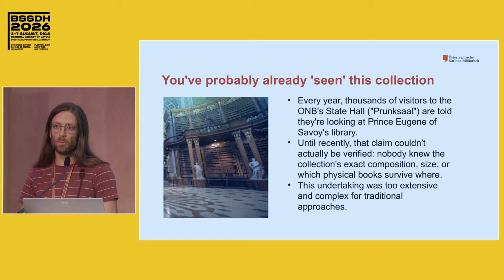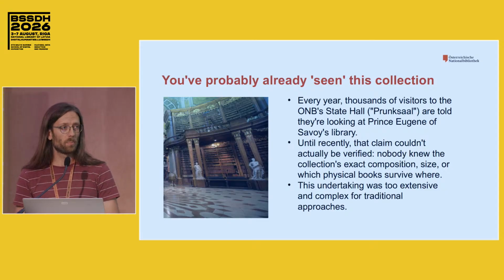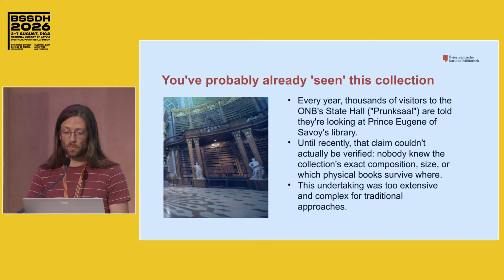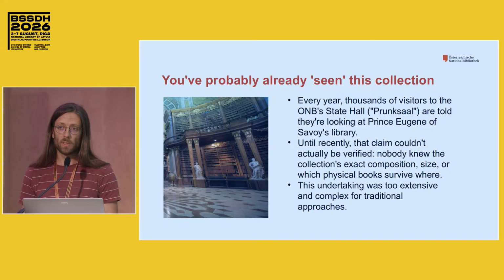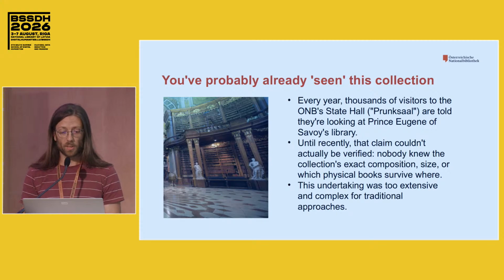But what most people don't know is that all these books you can borrow, and visitors are mostly told that all these books are from Prince Eugene, and that is not really correct, because this State Hall was built in the 1720s, so more than 300 years ago, and it was filled at first with some books, and then later Prince Eugene's books were put there, and then even later other books were put there.